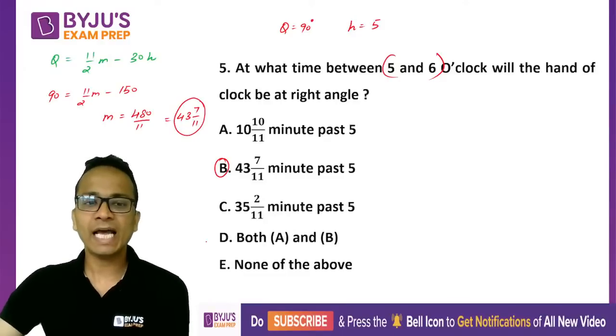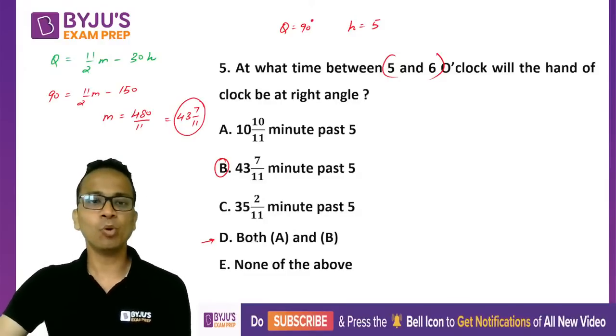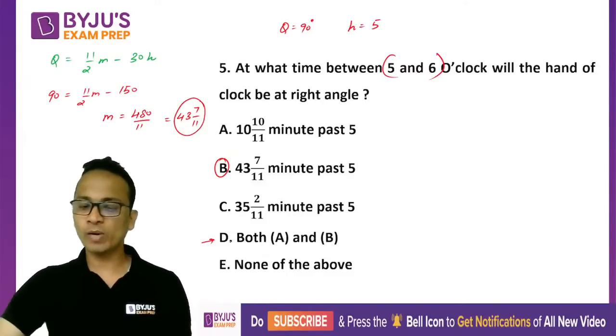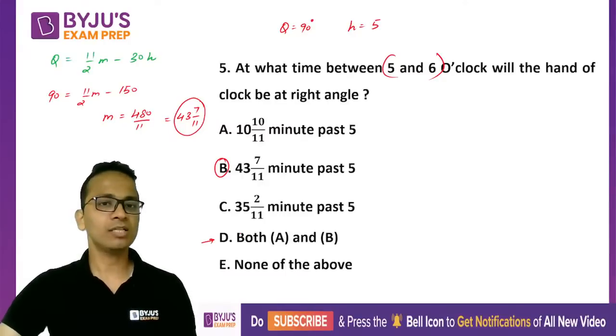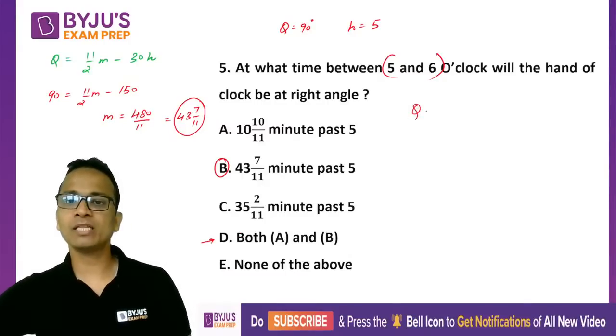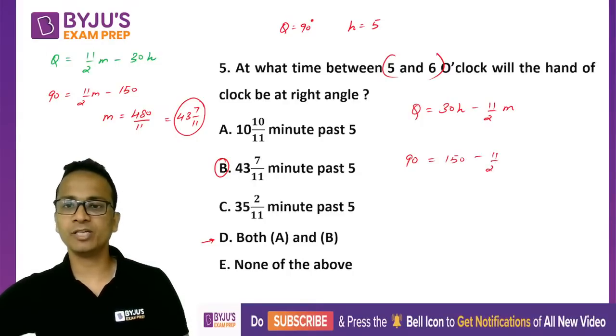Now I have an option D, which says both A and B. So that is why I'll have to use the second formula as well, to find out the second answer. So the second formula, theta is equal to 30h minus 11 by 2 m. Okay, so 90 is equal to 150 minus 11 by 2 m.